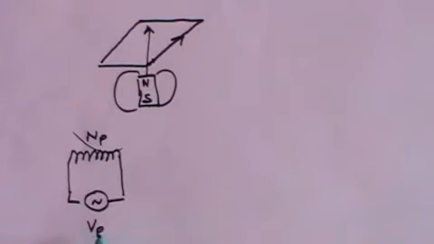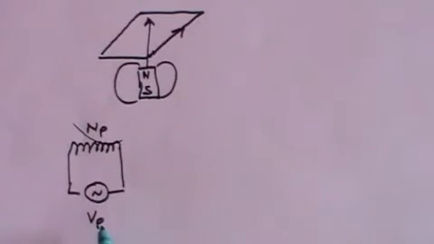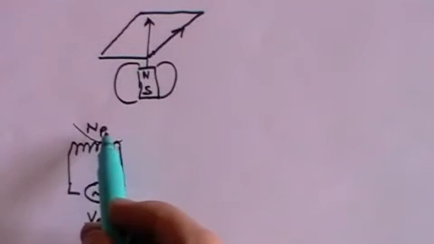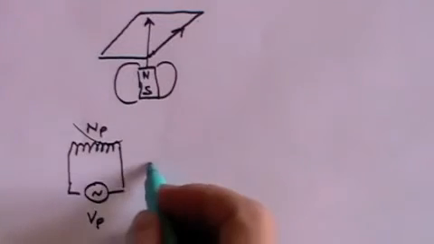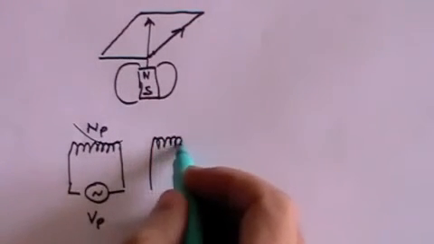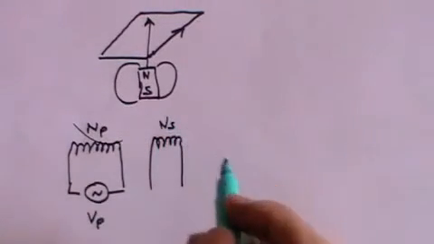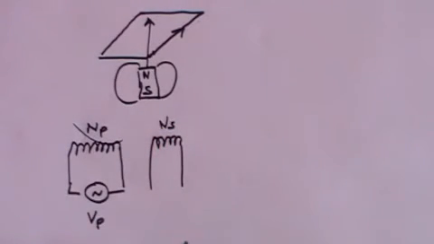So the voltage supply is V, and the P stands for primary, and the number of turns is N in the primary. And you then have another circuit, which is the secondary circuit, with Ns, that's the number in the secondary, and you want to know what the voltage in the secondary will be.